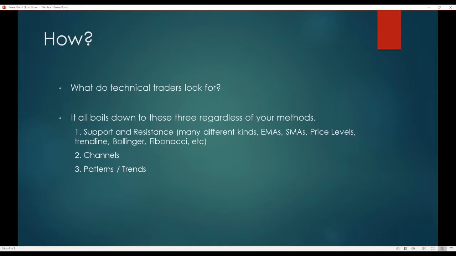So how do we do this? As before I mentioned things like support and resistance, and you guys are probably wondering what that is exactly. I'm going to be making a couple more videos for y'all to help you understand exactly what that looks like. But there are many different types of support and resistance.